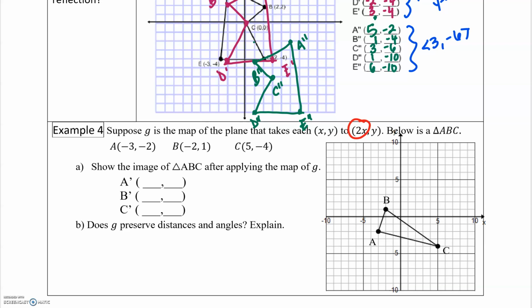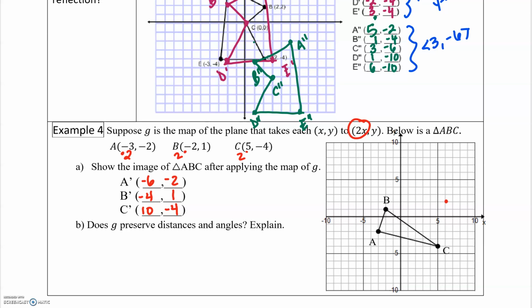So let's take a look and see what happens. I'm going to multiply times 2, so that's going to give me a negative 6. Take this times 2 and that times 2. So the y's stay the same, but our x is getting multiplied by 2. Let's plot it and see what happens.